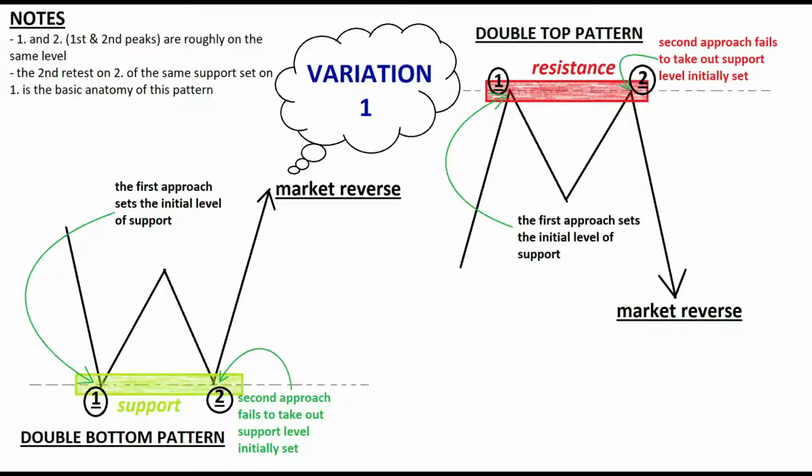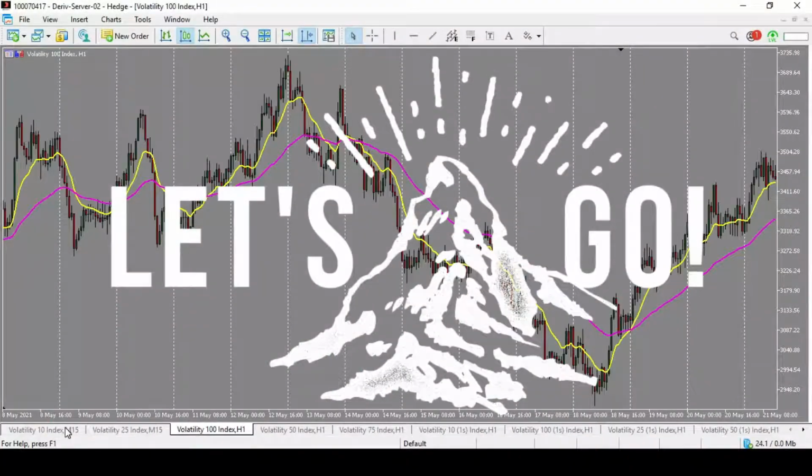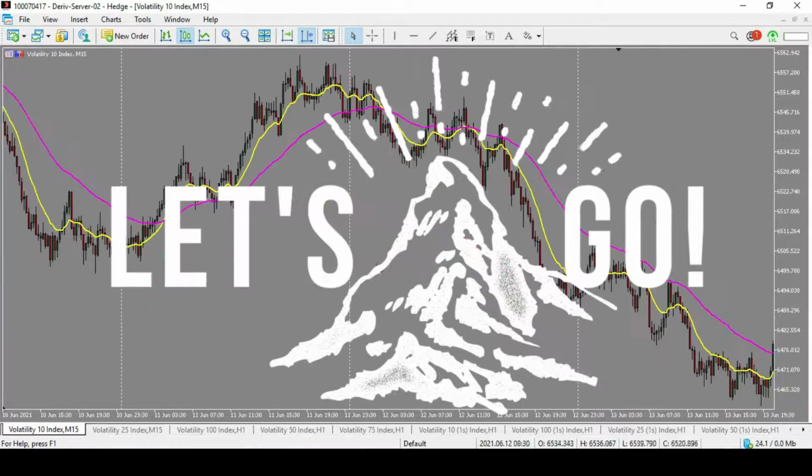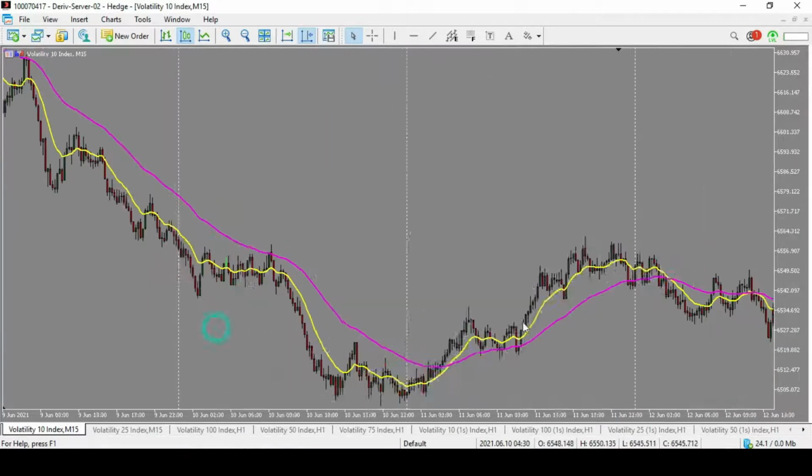It is due to this retest by the second peak of the previous level of support or resistance that makes the zone even stronger. How about we head over to my MetaTrader platform and try to identify at least 4 double patterns specifically for this variation, 2 being double tops and the other 2 double bottoms.